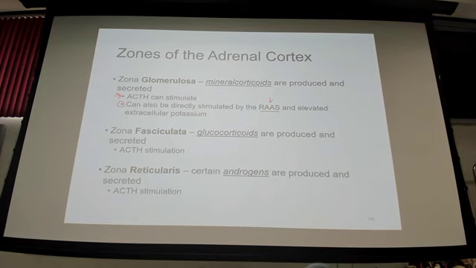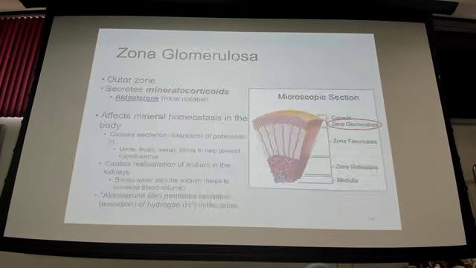The other ones, ACTH, right? Again, so named because of what action it has. So mineralocorticoids on the outside, glucocorticoids in the middle, and androgens on the inside. Okay? Outer zone aldosterone, okay, zona glomerulosa. This is what I was talking about.